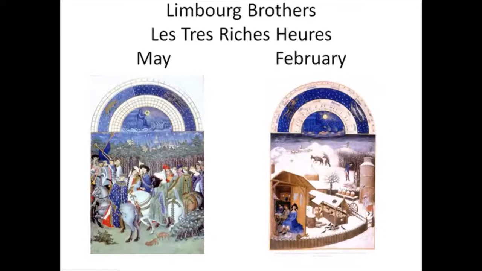What we have in a book of hours is a book full of illustrated calendar pages, as you can see here, but it is also full of liturgical passages that were intended to be read privately at certain hours of the day. That's why it's called a book of hours. These are very, very small in scale, just about 8 by 5 inches, but they are full of the most elaborate decoration.